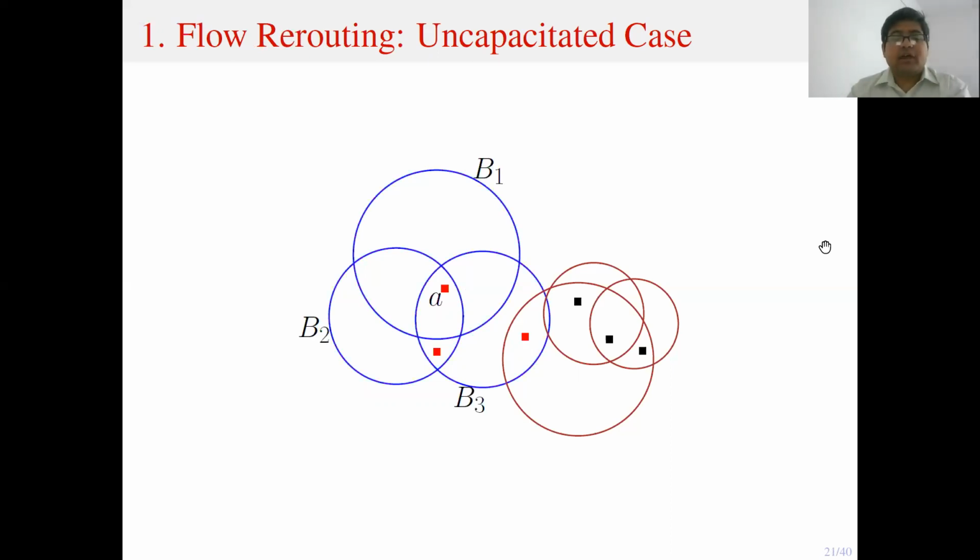In every iteration, we take a point. In this figure, it's the point A. We also look into all the balls which give flow to this point, or which serve this point A. In this example, the blue balls B1, B2, and B3. Then I select the largest ball among these, B1, and I select this ball in my solution and throw away all the other balls.